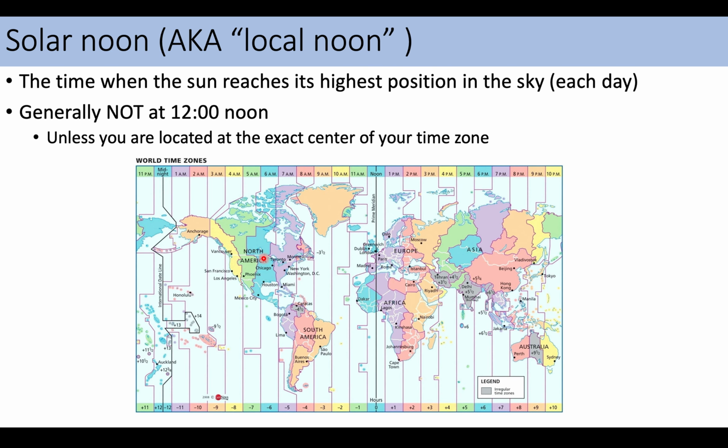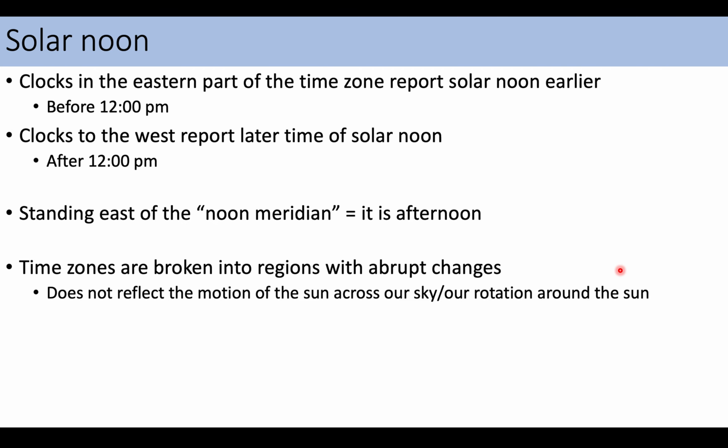As the sun moves after directly noon, where it is in the highest position in the center of the time zone, as the sun continues to move, it will be a couple minutes after noon before the sun is actually highest in the sky for that western side of the time zone. So this is true for all of the time zones.